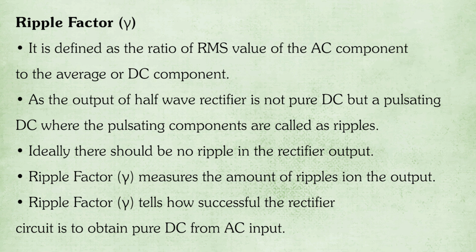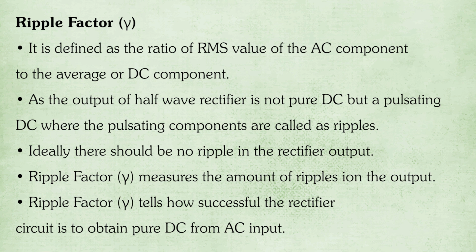So, in the practical case, the output will contain ripples. The ripple factor measures the amount of ripples in the output. That is why it is necessary to calculate the ripple factor, to find out the amount of ripples present in the output. It tells how successful the rectifier circuit is in obtaining pure DC from the AC input.